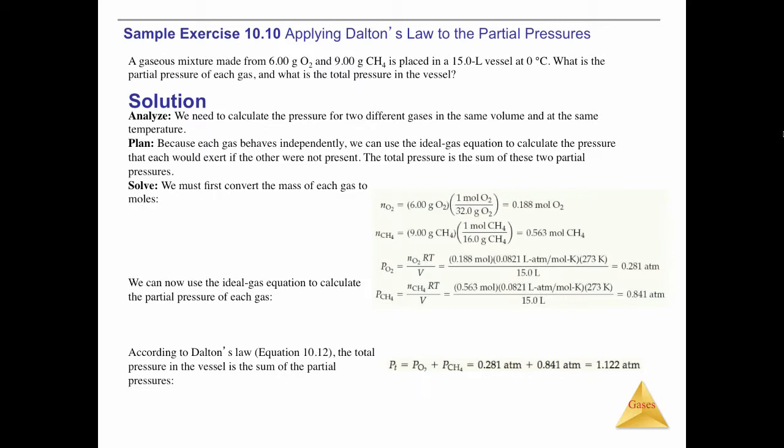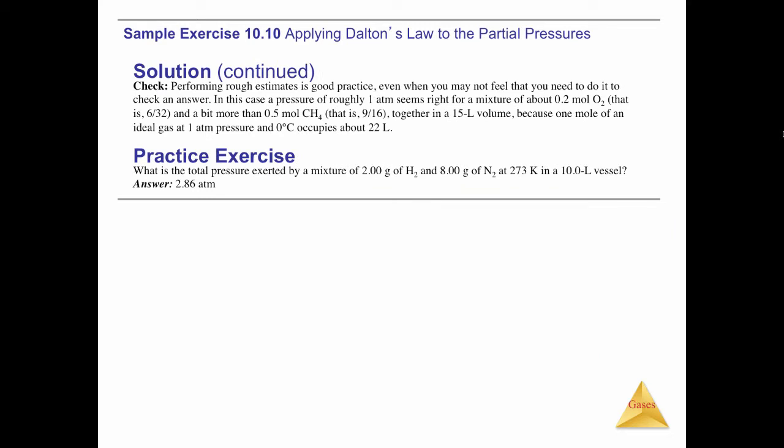The volume was 15 liters, making sure that all of our units are canceling, and we're left with atmospheres. And we then have 2 pressures, one for oxygen and one for methane, which we then add together and get 1.122 atmospheres.